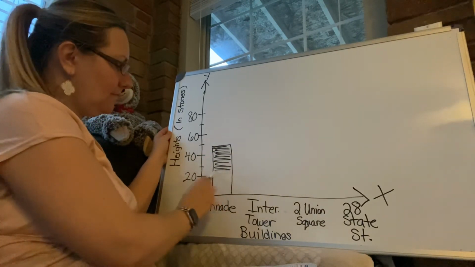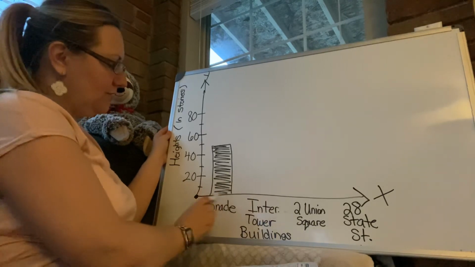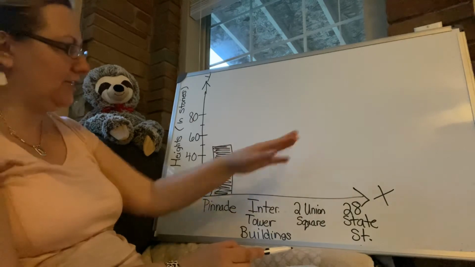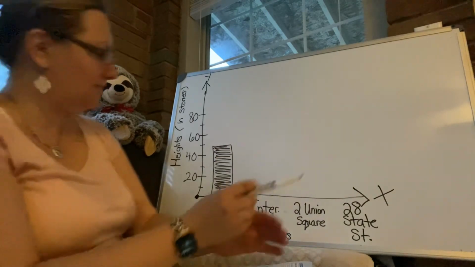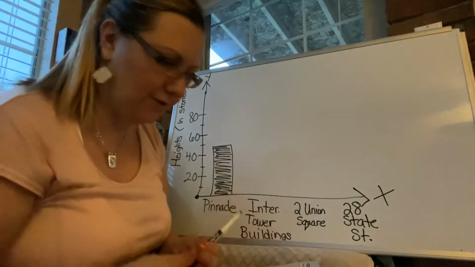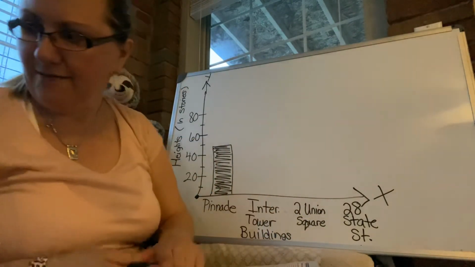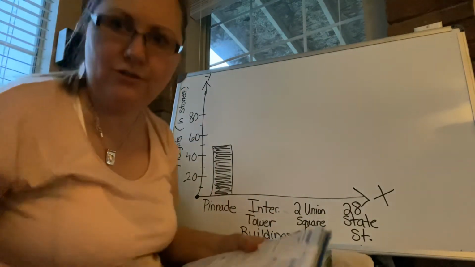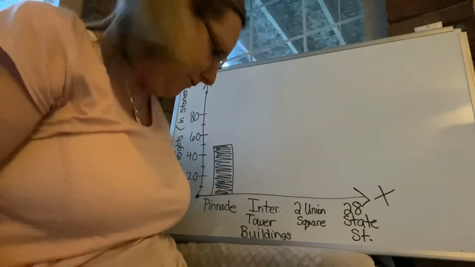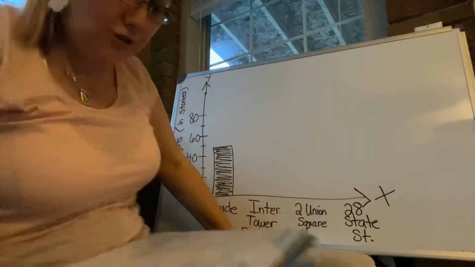A lot of times when you see bar graphs like this, you will have different colors for each bar that comes up. So you're welcome to do that. You can color one color, another color. I don't think I have quite that many colors, but I do have red.